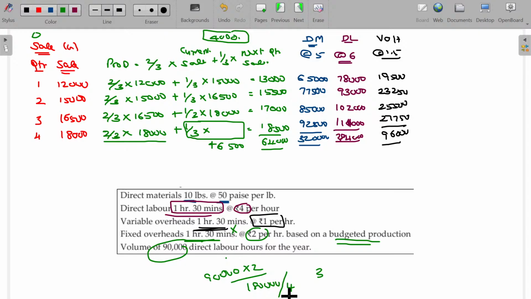For the 4 quarters, per quarter being 45,000. For every quarter, you divide that by 4, so the value being 45,000 per quarter. So the overall value here being 1,80,000 rupees.